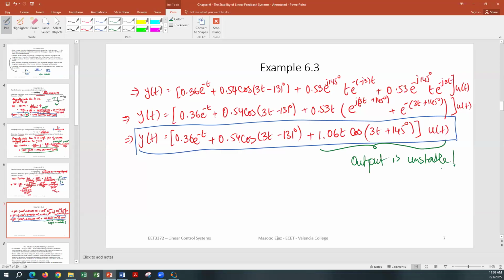And if this is the input, what will be the output, stable, unstable. Output can only be stable or unstable, of course. System can be unstable, stable, or marginally stable. So many times I'm just looking for the understanding, not the whole math or derivation. So make sure you understand it.